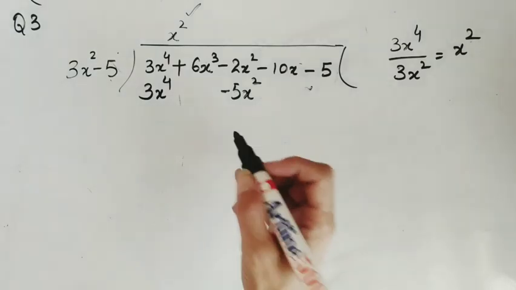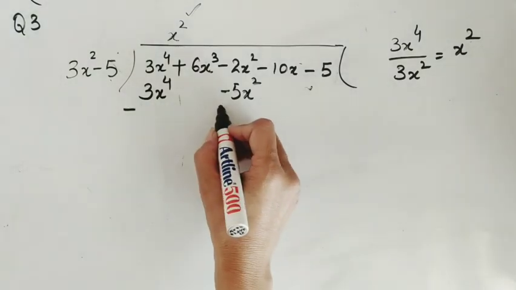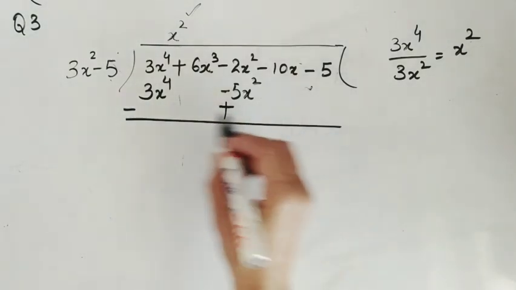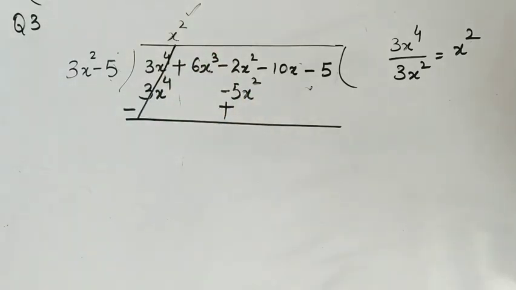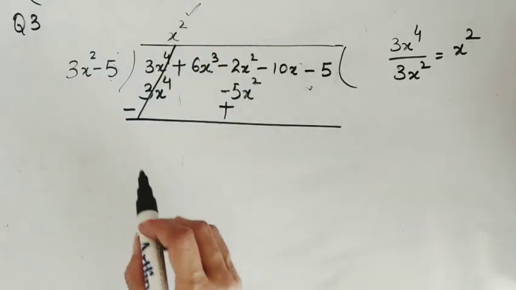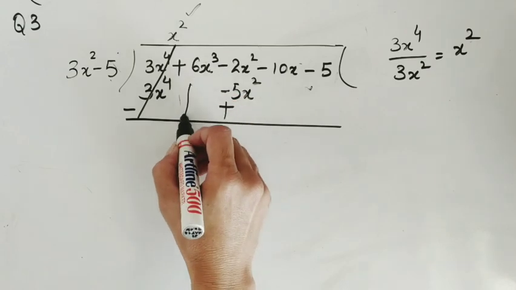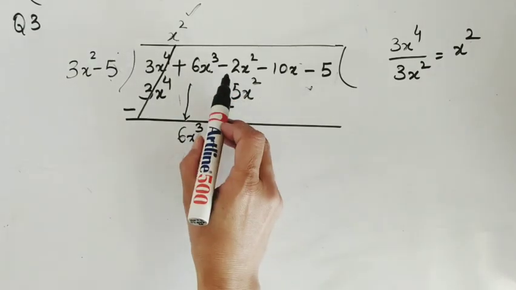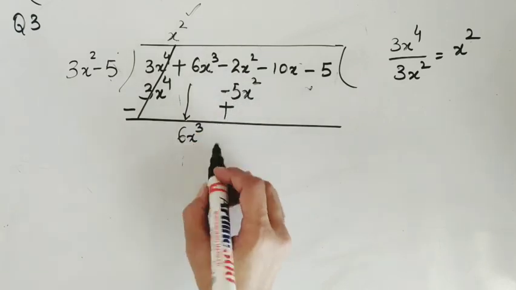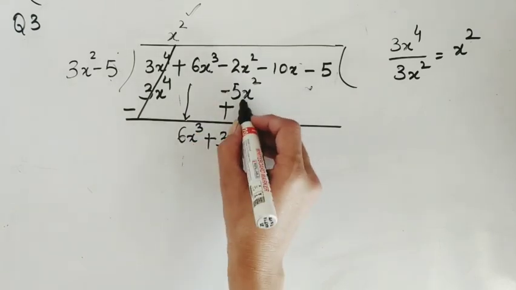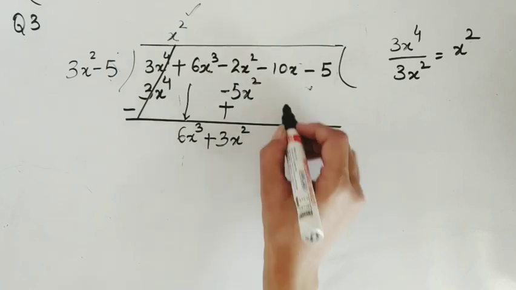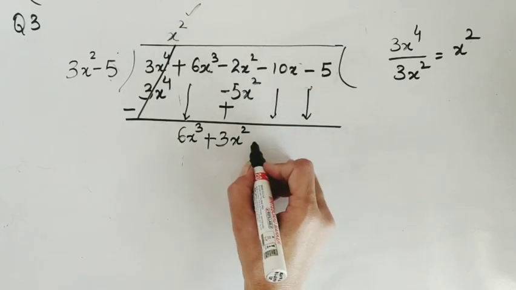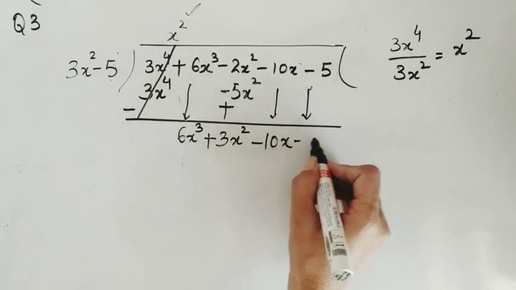Yes. Now change of sign. This would become minus. This would become plus. 3x raised to power 4, positive negative eliminates. Bring this term. Let's go in a sequence. This term, which is 6x cube, comes as such. Minus 2 plus 5 would be positive 3, and this x square comes as such. Bring other terms also down, which is minus 10x and minus 5.